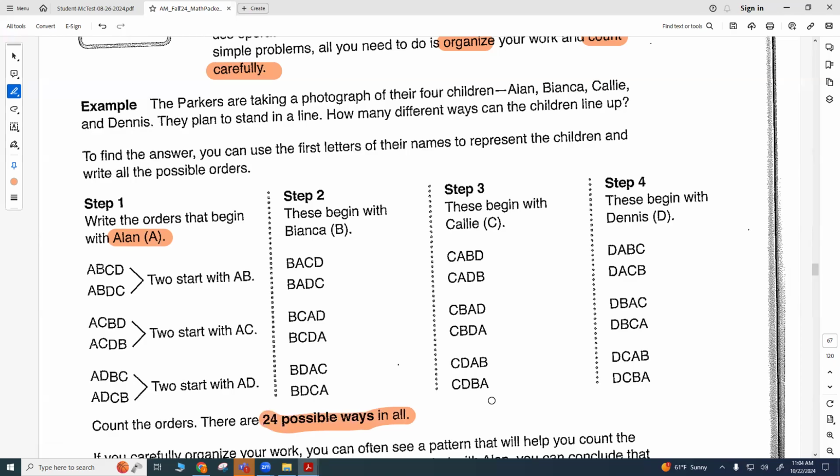So like I said, this is really an organization problem. But there is some math that could maybe make this a little bit easier eventually. How does this feel? Does everyone see how they're mapping out the problem and how they get from 4 children standing in a line to 24 combinations of the line I could make?